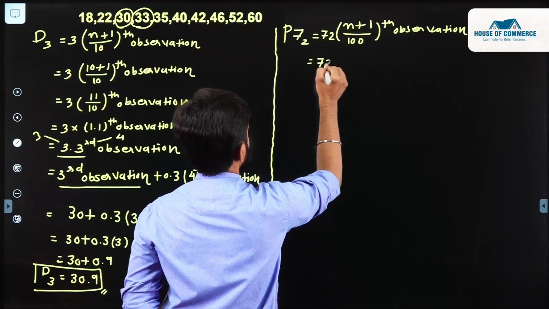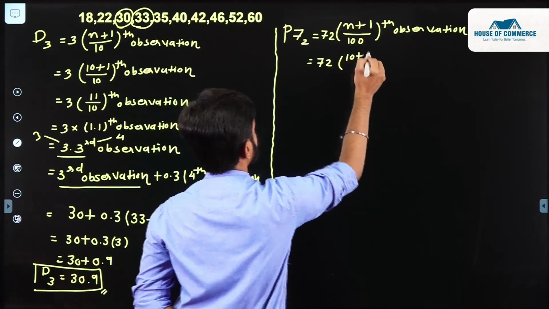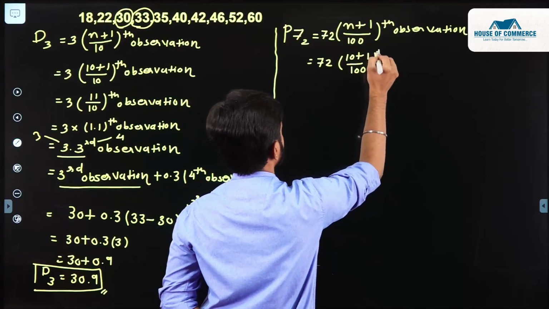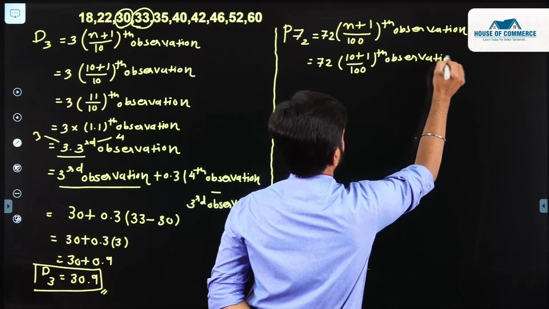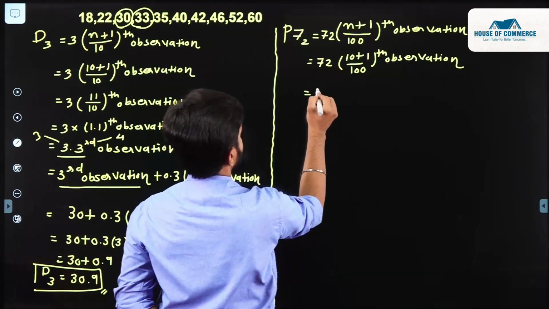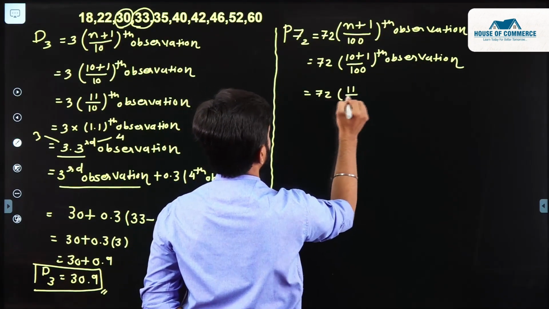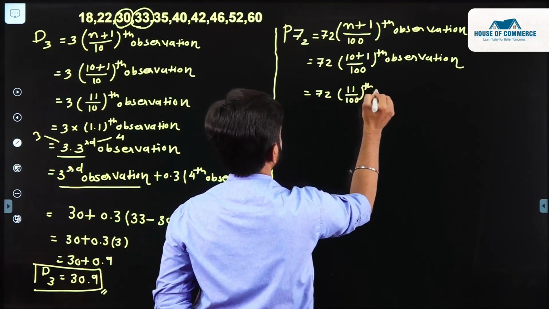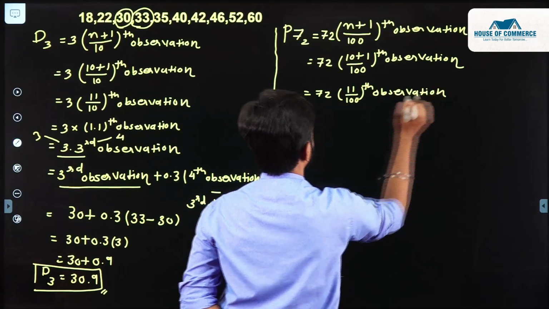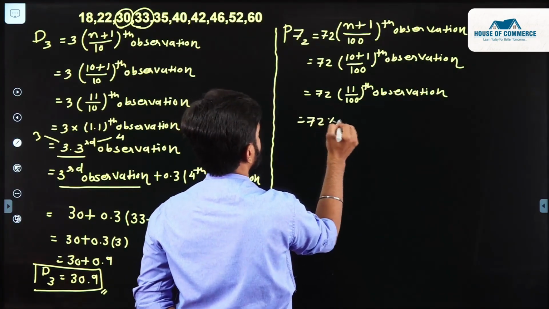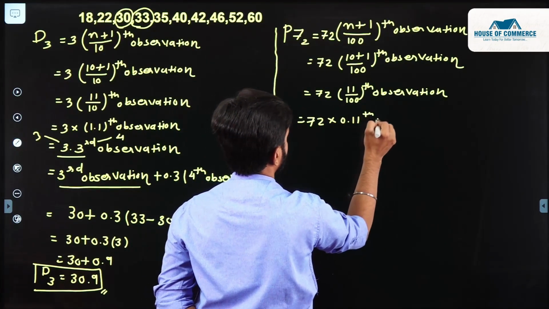So it is 72(n+1), that means 10 plus 1, divided by 100th observation. It is 72 times 11 by 100, which is 72 into 0.11th observation.